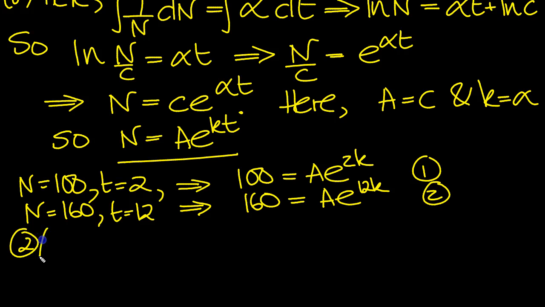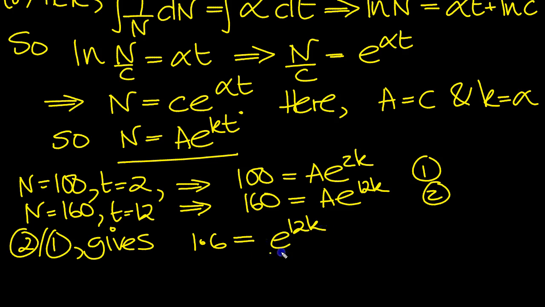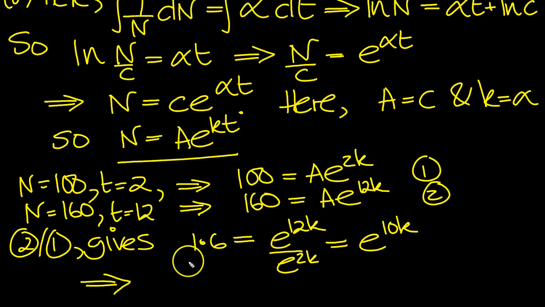So 2 divided by 1 gives 160 over 100, which is 1.6, and that's equal to, the a's will cancel, e to the 12k over e to the 2k. Divide, minus the indices, top take bottom, so that's e to the 10k. Take logarithms, so in effect this e swings down to be the base number, so it's ln 1.6, and the 10k comes down to ground level.